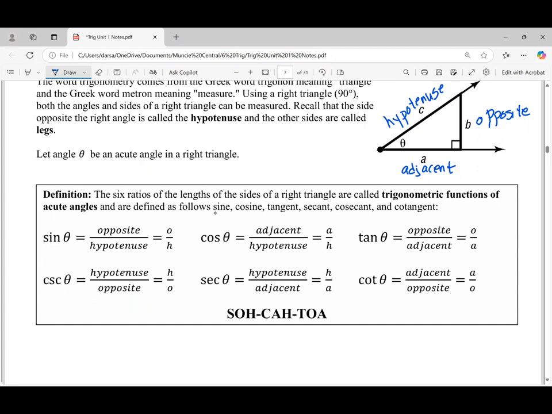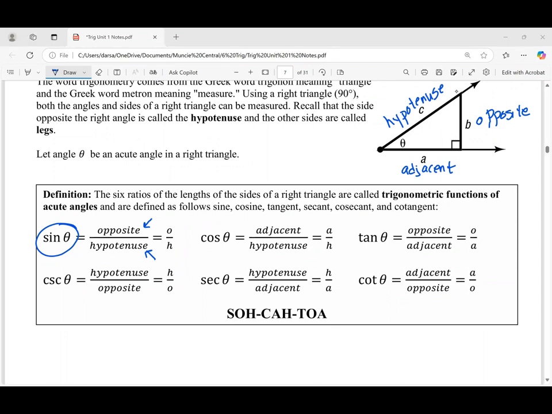The long way to write these are sine, cosine, and tangent. Those are our 3 main trigonometric functions. So, what is the sine of an angle? Well, the sine of theta is just what you do is you take the length of the opposite side and divide it by the length of the hypotenuse from the angle theta.